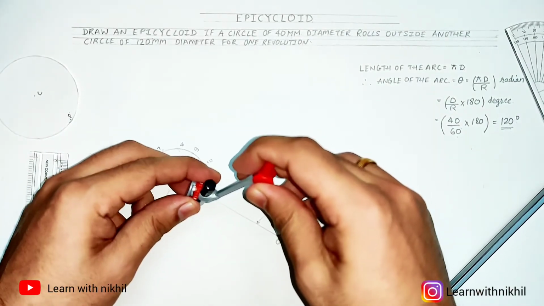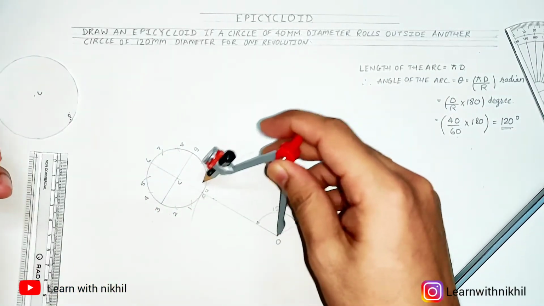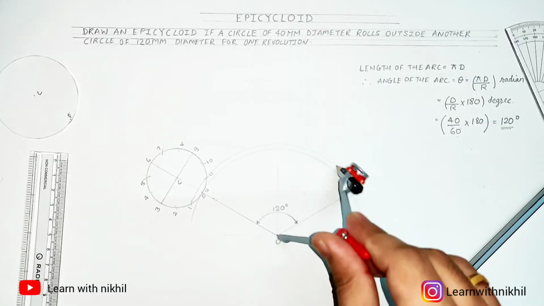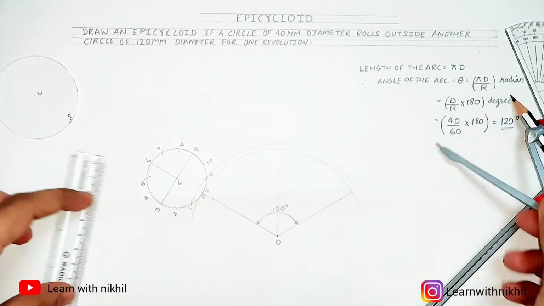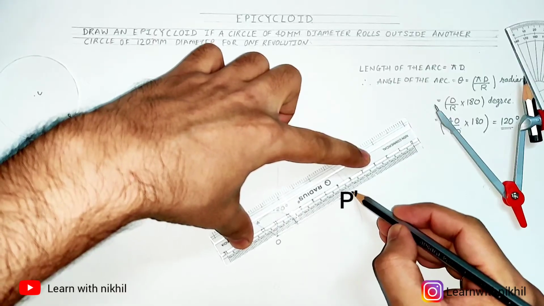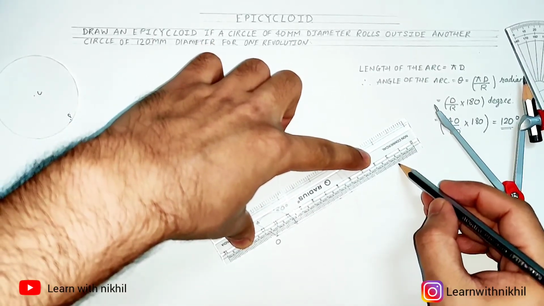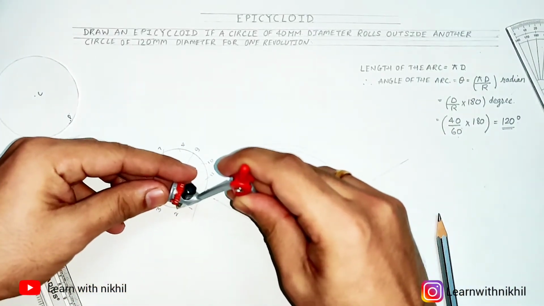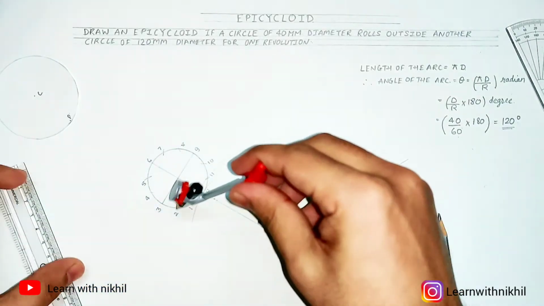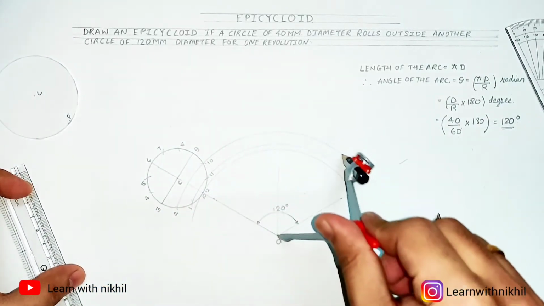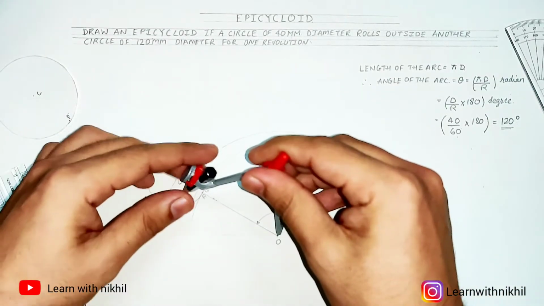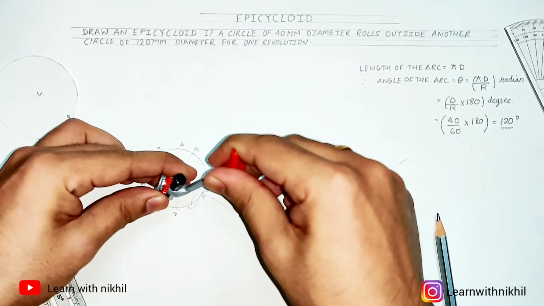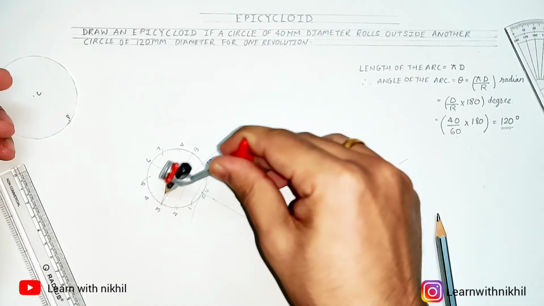Now we have to draw the curves from each of those points. 1 will intersect with 11. So we have to draw the curve extending till the point P dash. From 2, draw the curve. It will intersect at point 10 also. From 3, it will pass through 9. Draw the curve.